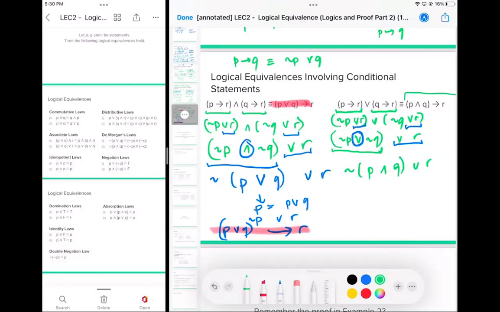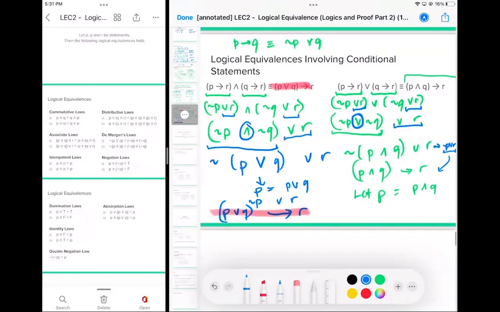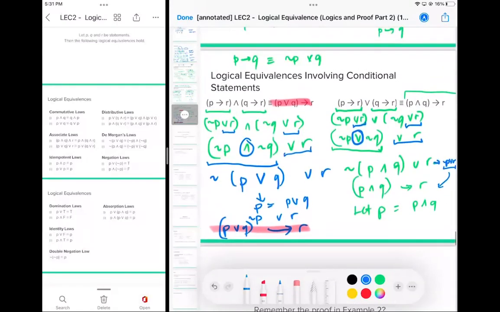Okay, P and Q implies R. So we can let P be equal to P and Q. Okay, so in short, we can convert this into not P or R, which gives us this form. Okay, and we have now proven all of these conditional statements.